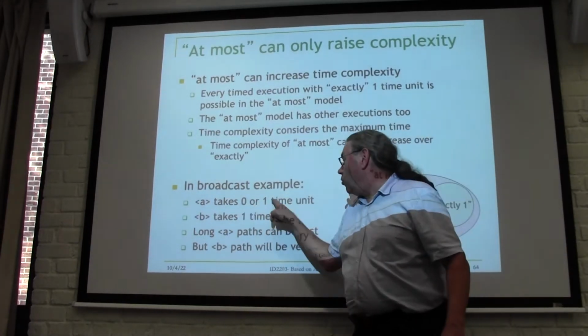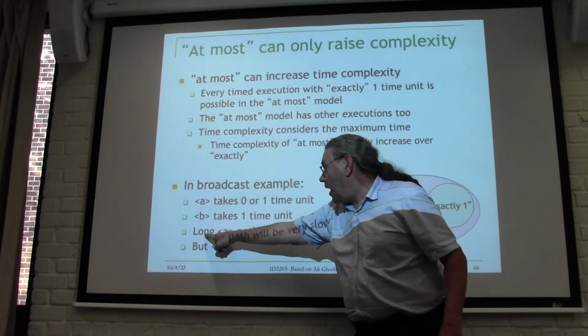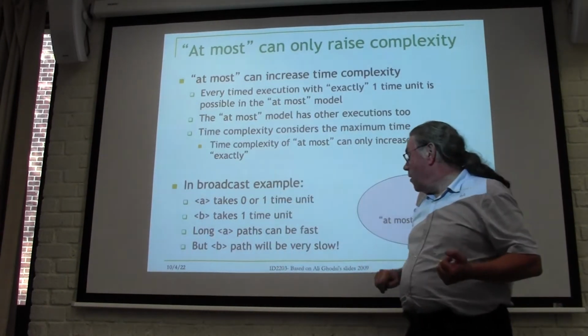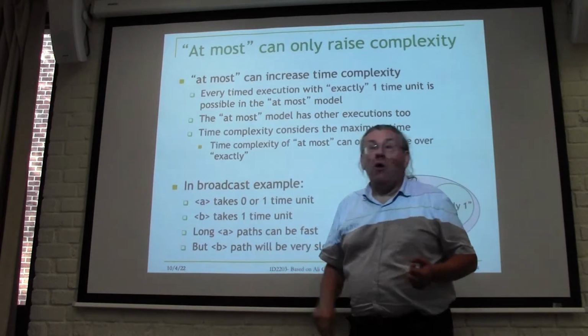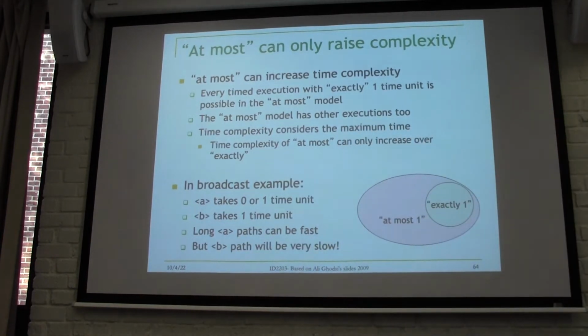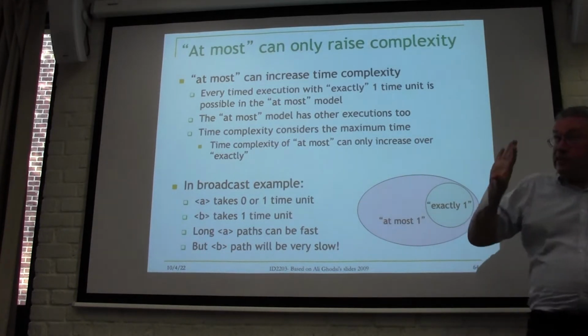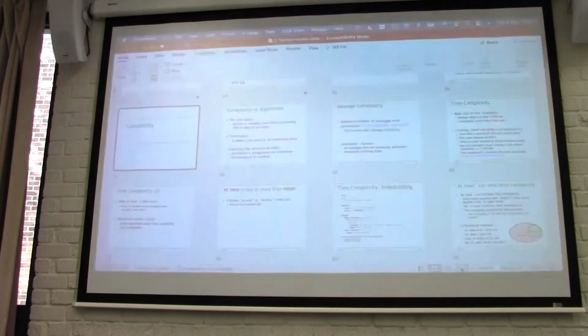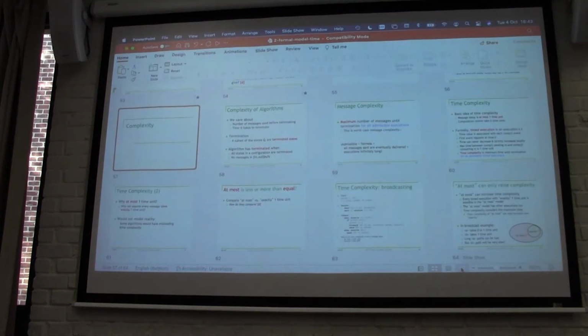Because A is 0 or 1, a long path of A's could be fast, because they may be zeros, but a long B path will always be slow. That's just a hint. I'm not going to give you the answer. This is an exercise for you to do by yourself. You can discuss, but try to figure it out by yourself. Or maybe you already know now. Do you understand what I'm asking you?